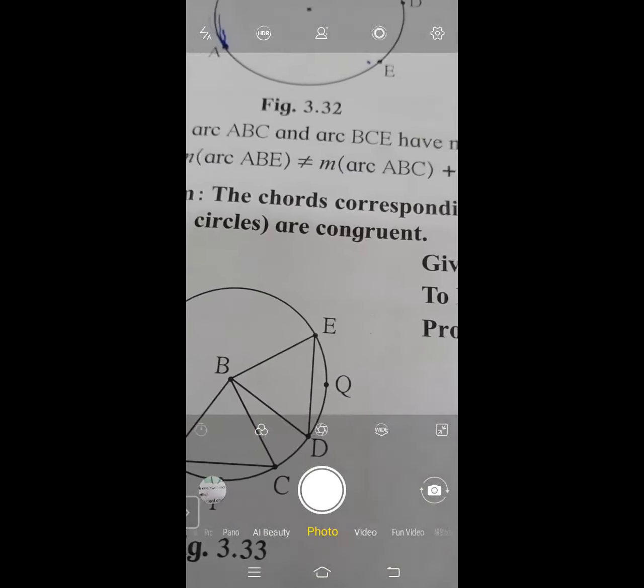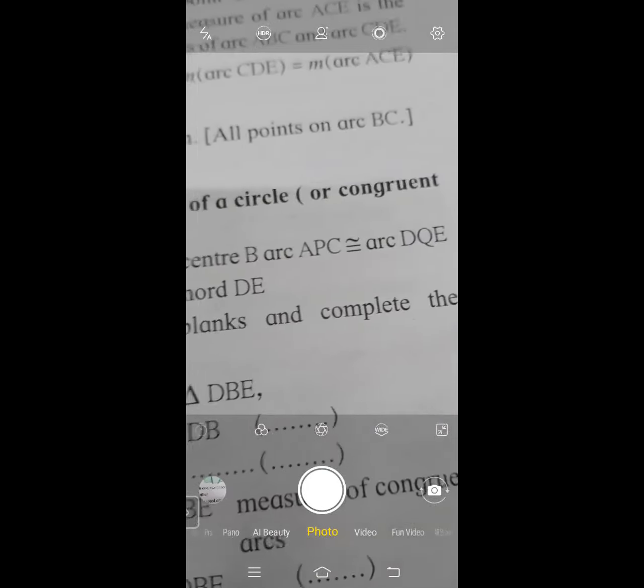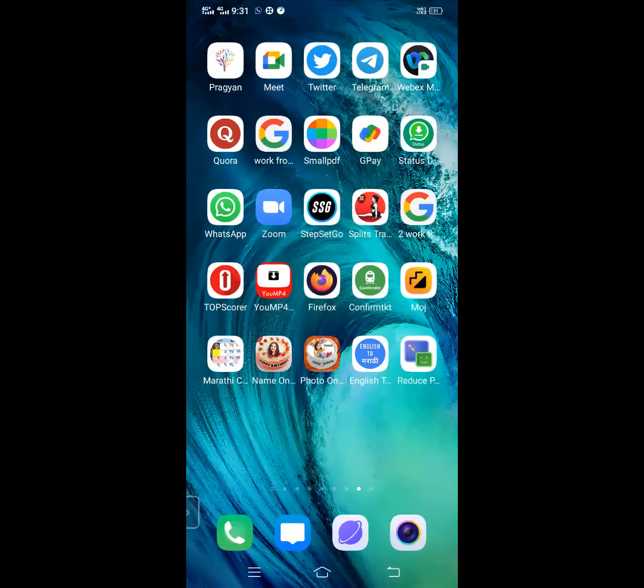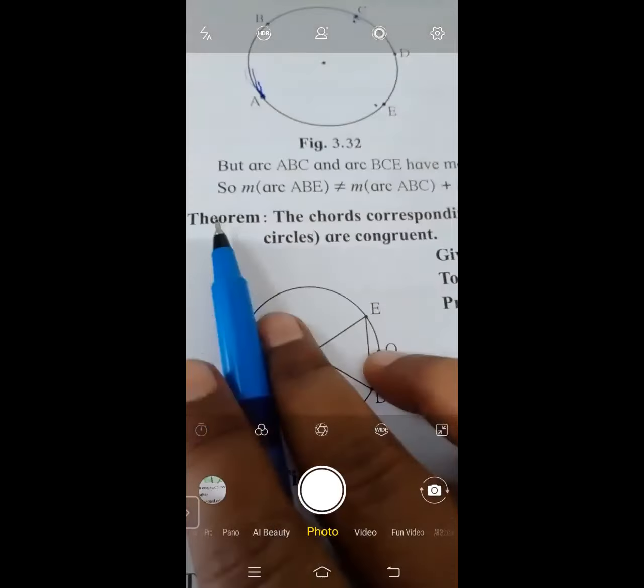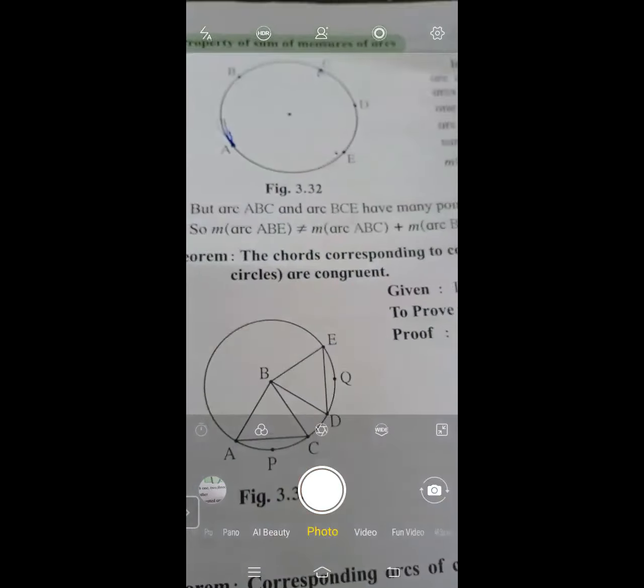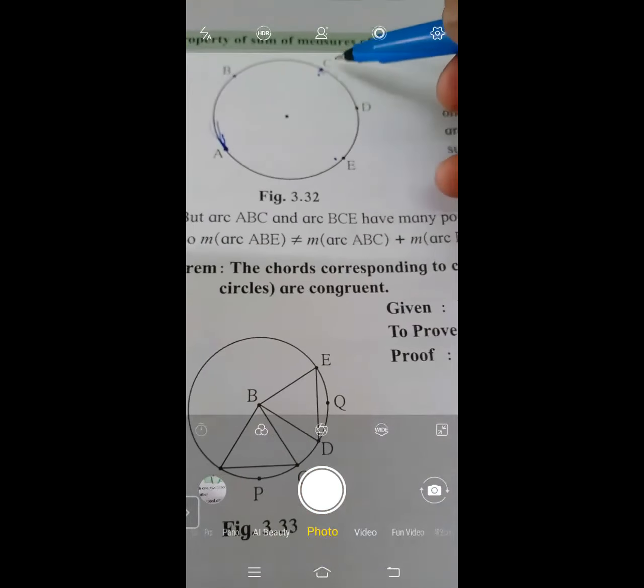But arc ABC and arc BCE have many points in common, all points on arc BC. So measure of arc ABE is not equal to the measure of arc ABC plus measure of arc BCE. Now, why have they written this statement? We have just changed the common point.